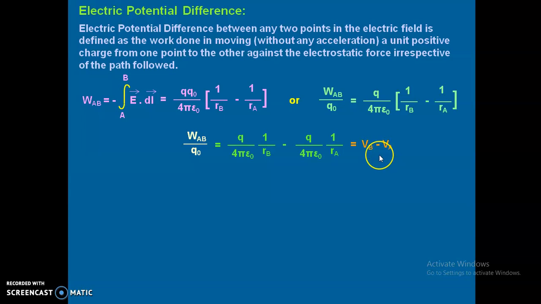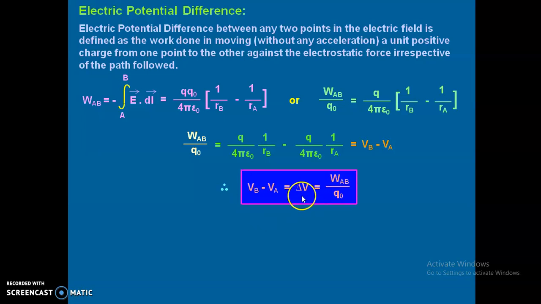From infinity to a given point, there the charge was moved, but here from point A to B the charge is being moved. So VB minus VA, right? Therefore VB minus VA, that is delta V, electric potential difference, is equal to WAB upon Q naught, if the charge is being moved from point A to point B. Remember here point B is at higher potential and point A is at lower potential.